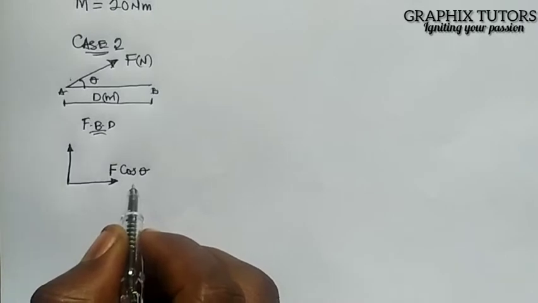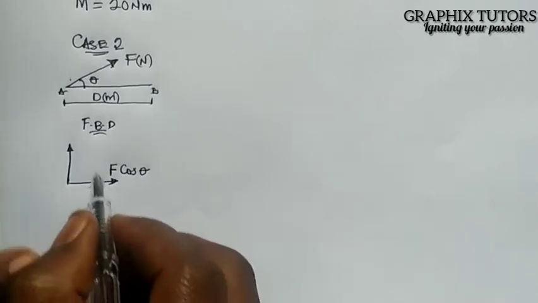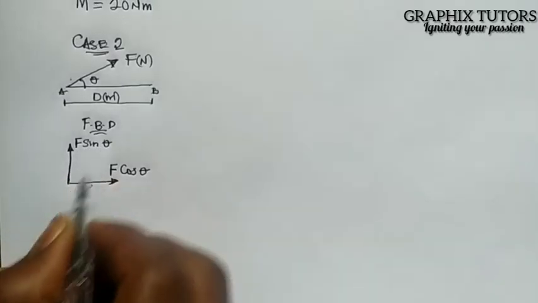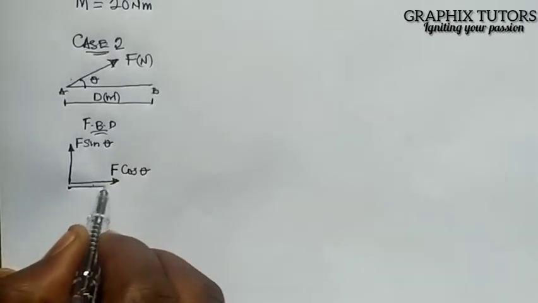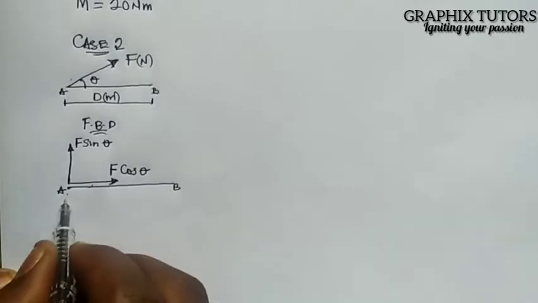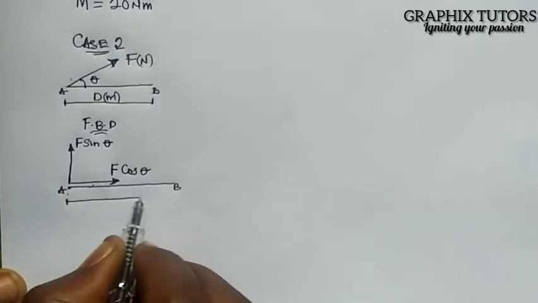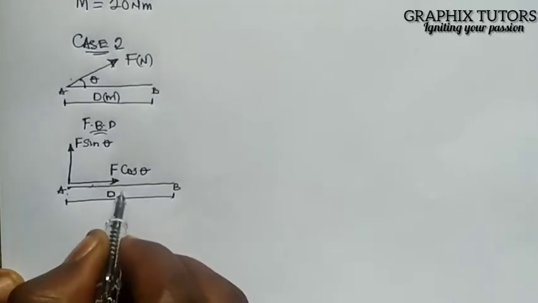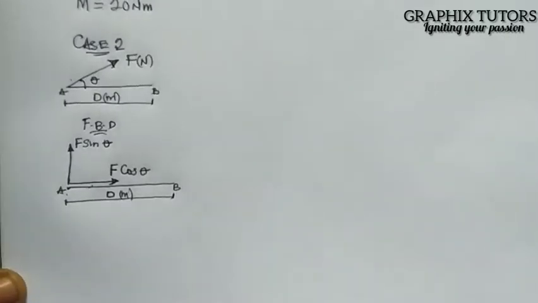If you watch my previous video, you get to understand what I'm saying here. And here will be F sine theta. So they are acting at this point here. This is A and this is B. Then from here to here is our distance d in meters, right?